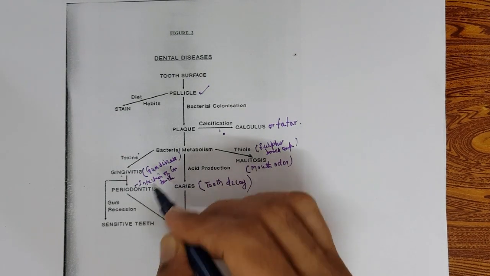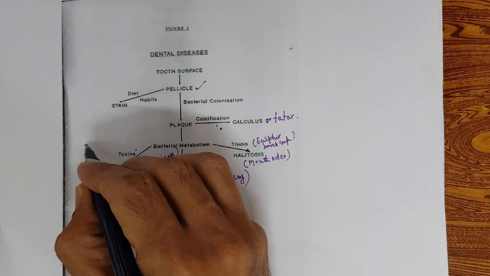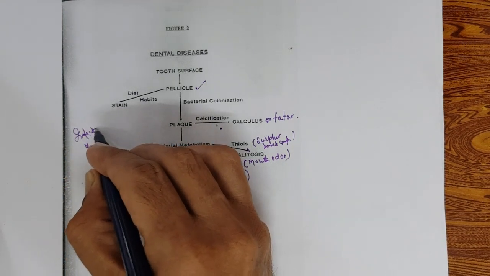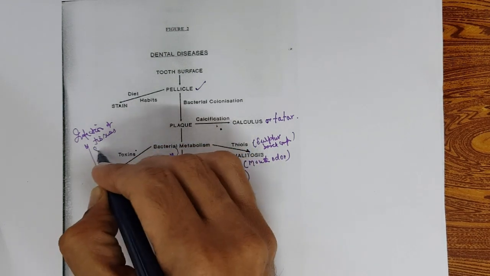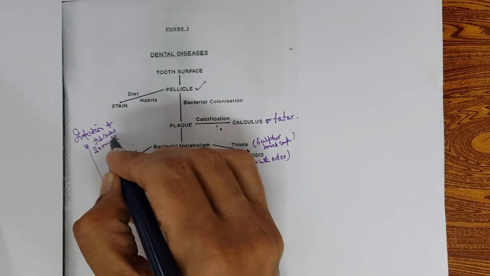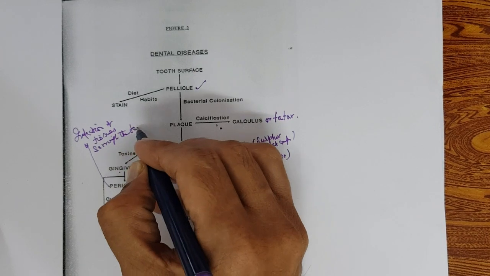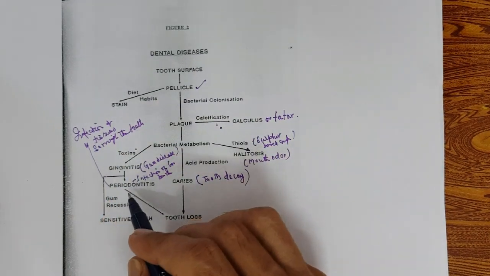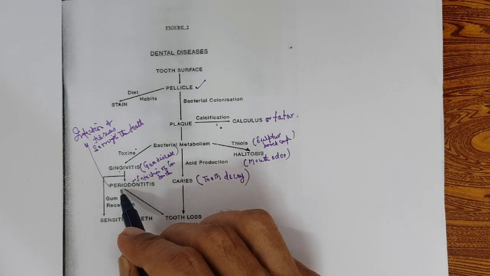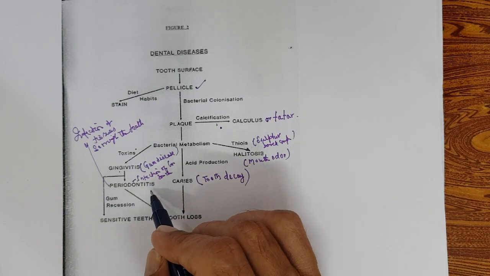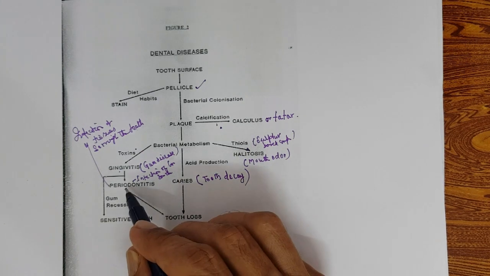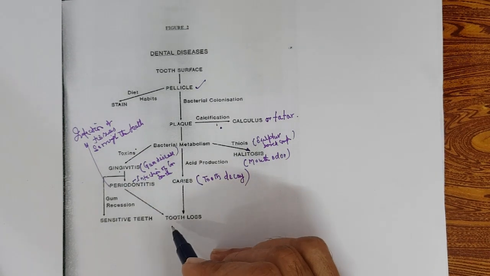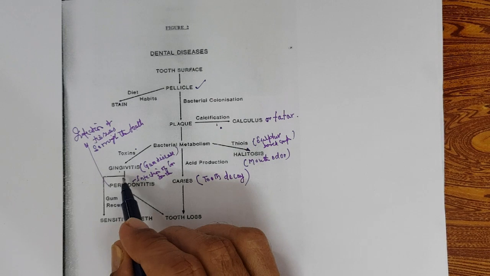This is infection of tissues surrounding the teeth. That is periodontitis. Then periodontitis leads to tooth loss, right?